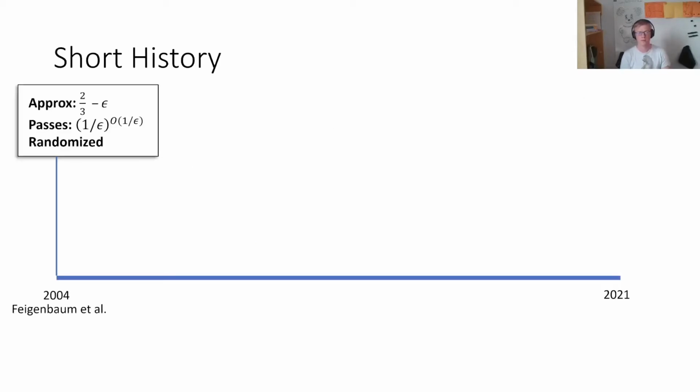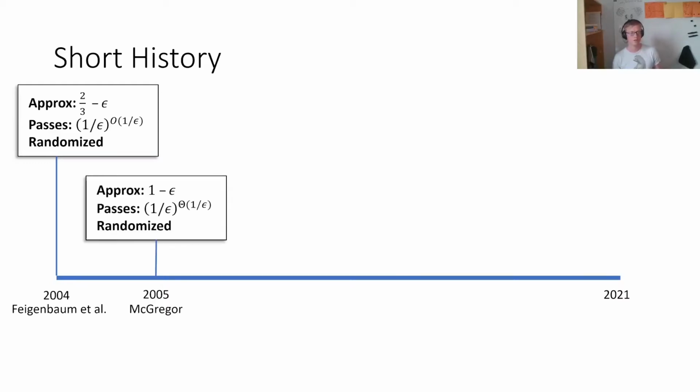This problem has been studied for almost 20 years now, and the earliest result showed that you can get to something considerably better, like 2/3 approximation, or let's say almost 2/3 approximation, in a number of passes that is exponential in this epsilon. And the first algorithm was randomized.